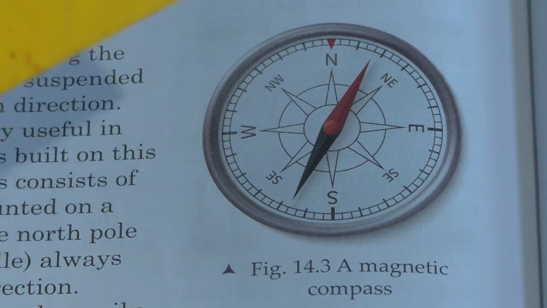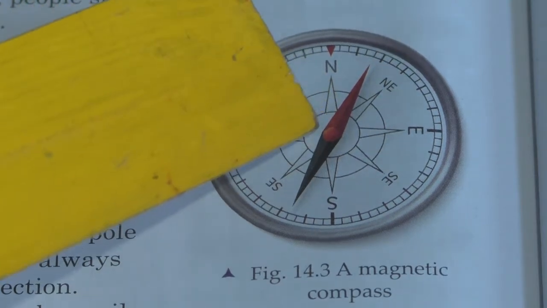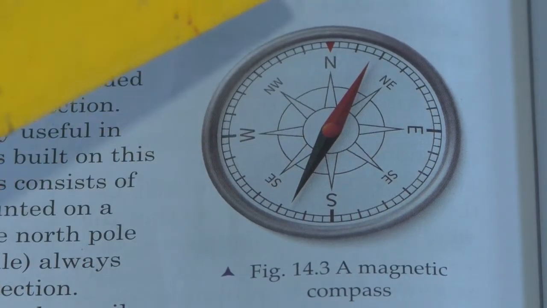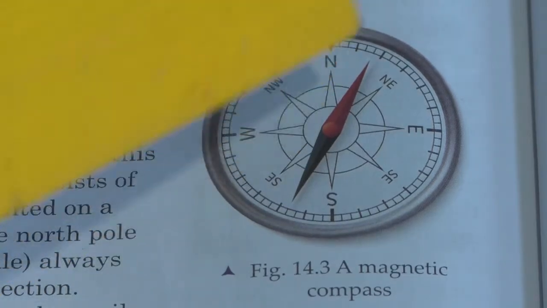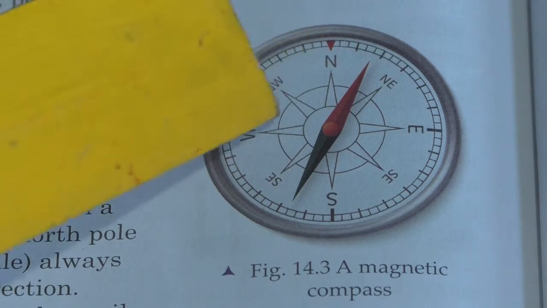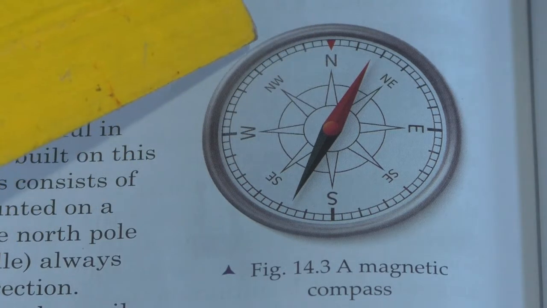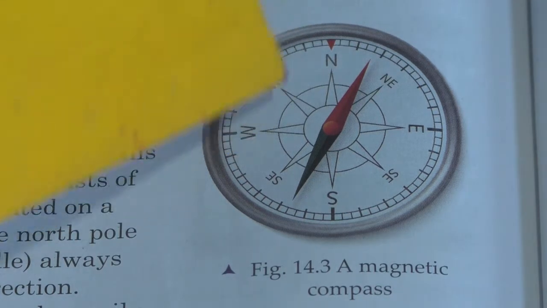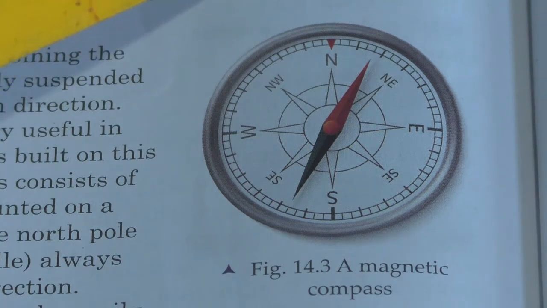The north pole of the magnetic needle, the red colored part, always points towards the geographical north direction. So the red color always shows the geographical north.